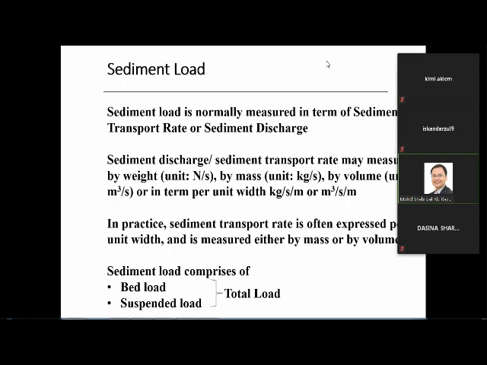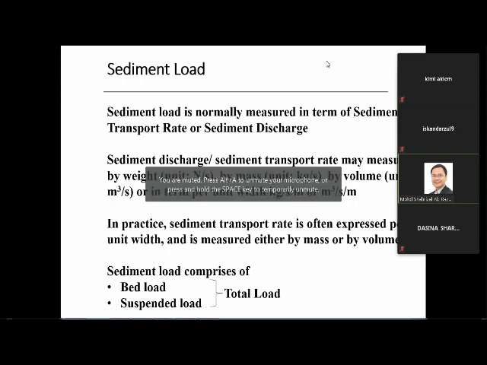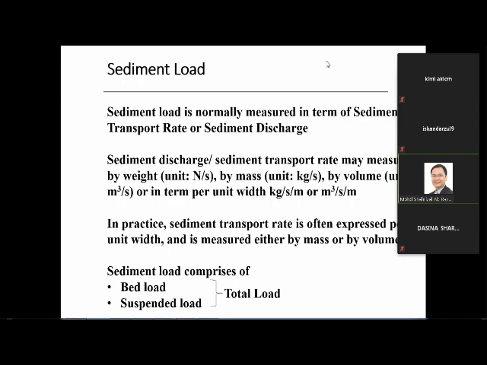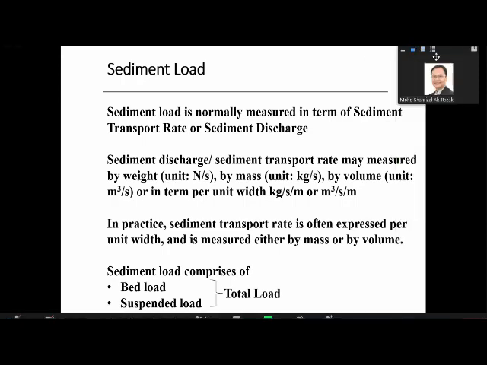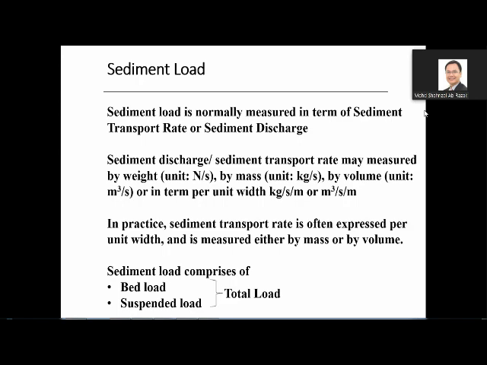Kita ada river discharge. River discharge normally is the clear water or fresh water, but sediment discharge is the discharge of the particles with the water. The sediment transport rate can be measured by weight in a unit of Newton per second, or by mass in kilogram per second, or by volume in cubic meter per second.